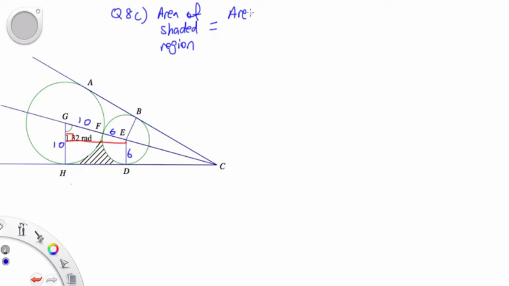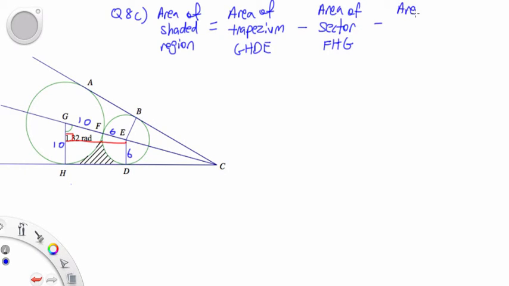I can use the area of the trapezium GHDE, minus the area of sector FHG, minus away the area of another sector, which is from the smaller circle, FED. So this is what you need.